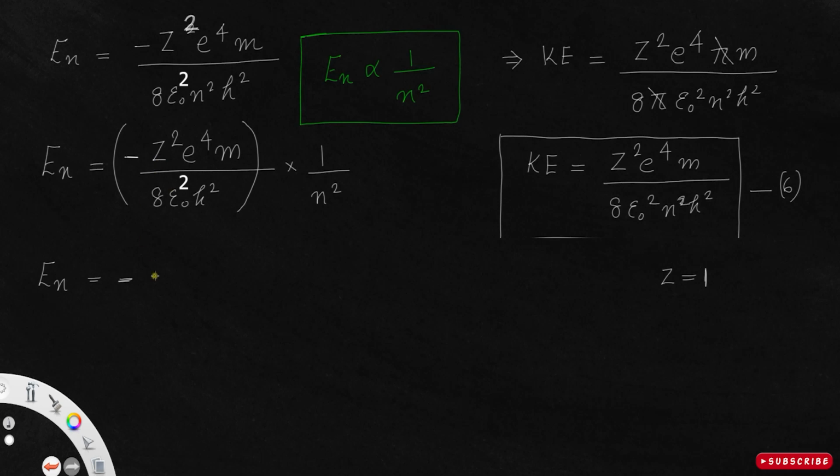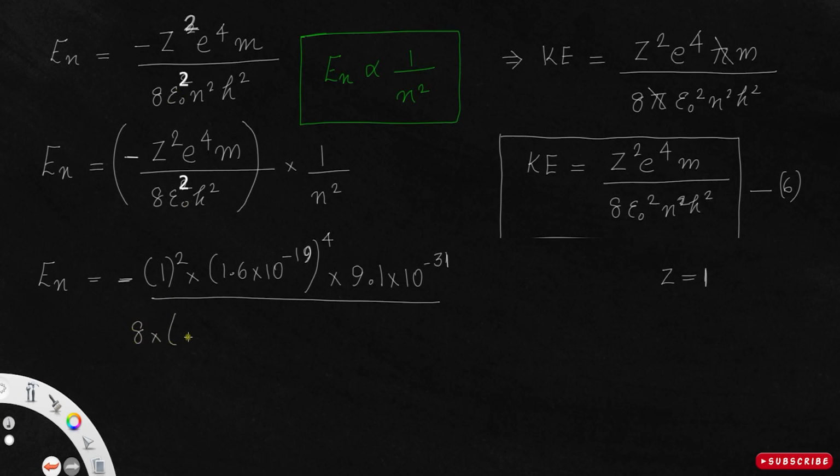So 1 square into the charge of the electron, which is 1.6 into 10 raised to minus 19 coulomb, raised to 4, into the mass of the electron, which is 9.1 into 10 raised to minus 31, divided by 8 itself.